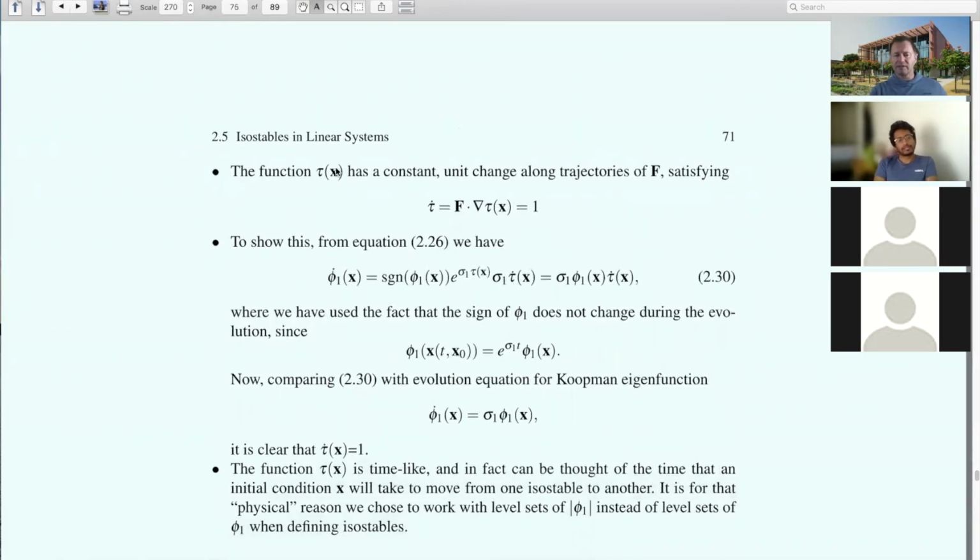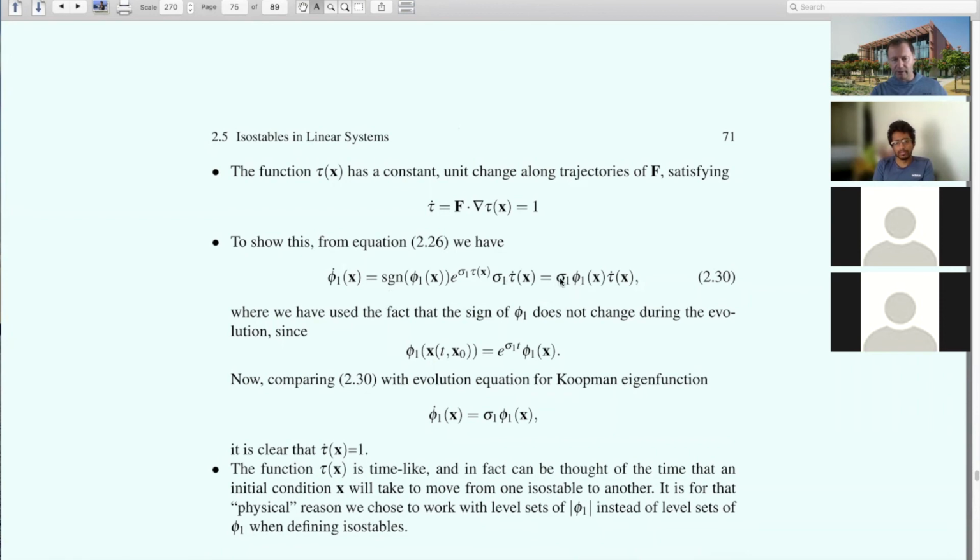The function tau itself is interesting because it has a unit change along trajectories of f. So if you take tau dot, which is f dot grad tau, that is equal to 1. That's easy to show because phi 1 dot, if we replace phi 1 with sine phi 1 e to the sigma 1 tau, then phi 1 dot produces a sigma 1 that comes from here, and then tau dot. And this part over here is just phi 1.